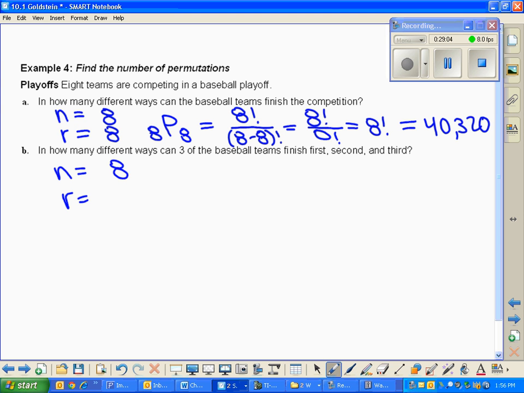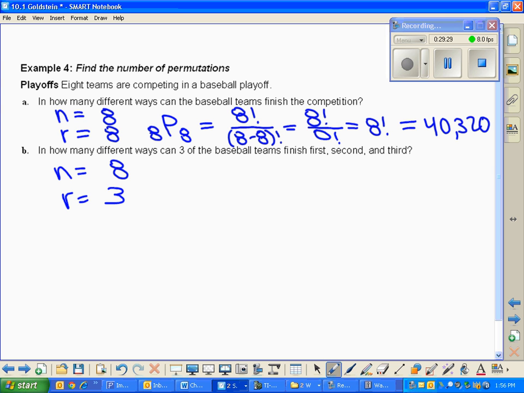There are 8 different objects we have to pick from. R is 3 because we want to rearrange in 3 different spots. So we have first place, second place, and third place, and we're picking from 8 different teams who goes in first, who goes in second, and who goes in third. Kind of picking all the different possibilities that could occur there.